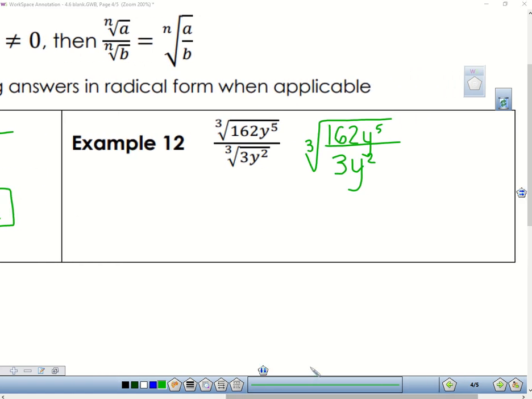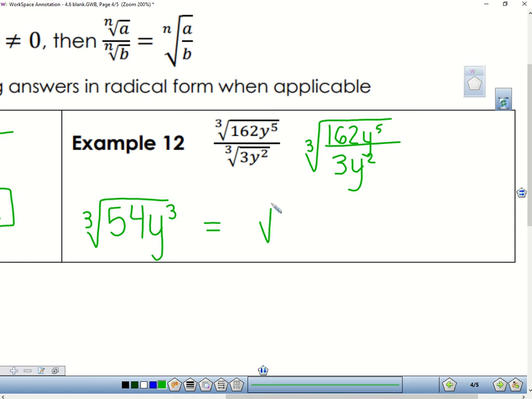So 162 divided by 3 is what? Yeah, 54. And then what's y to the 5th divided by y to the 2nd? Y to the 3rd.